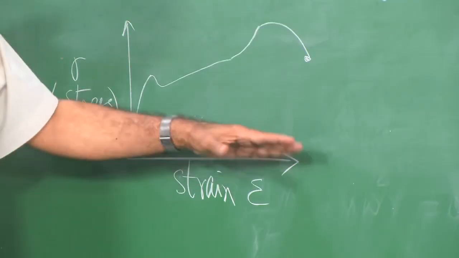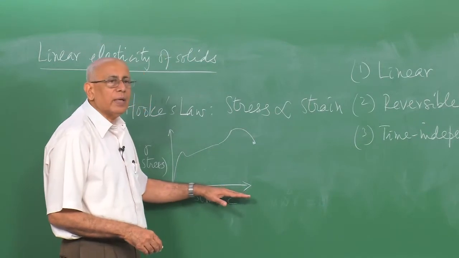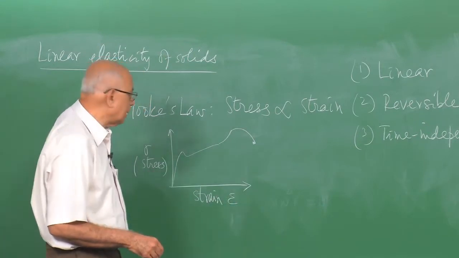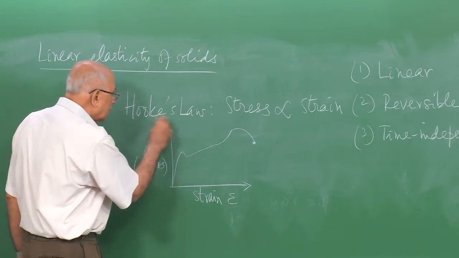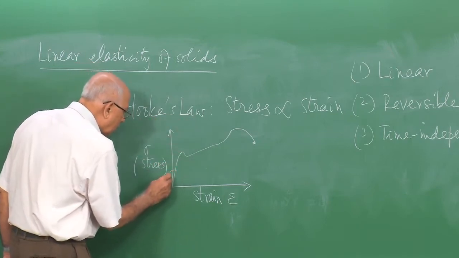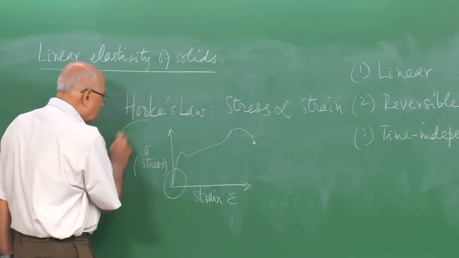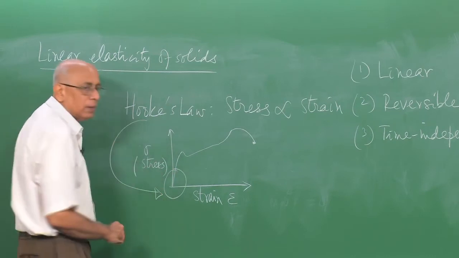By the time you reach this, the strain is like 20 or 30% or more, depends on the material. Now what we are talking about, the Hooke's region, the region of applicability of Hooke's law is just here. This is where Hooke's law will apply, this region.